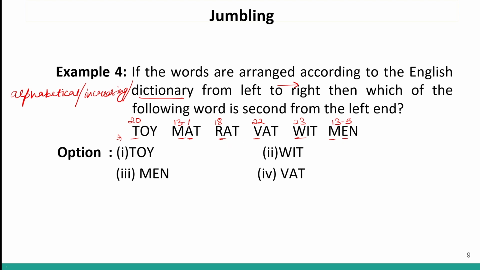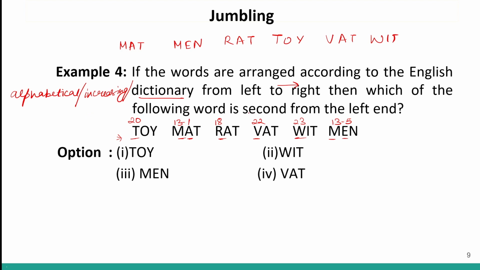So if I look at this, 13 1 will go first. So if I have to arrange them from left to right, it will be mat, then men, then rat, then toy, then wat, and then wit. Correct? This will be the order.